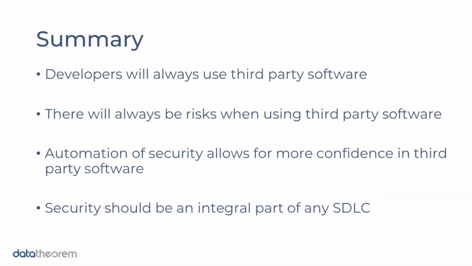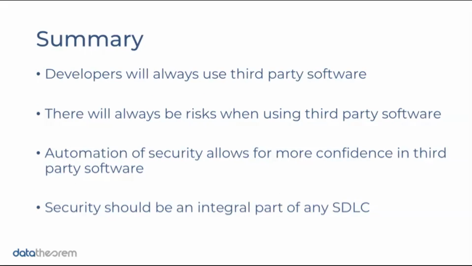So let's summarize what we just discussed today. Pretty much every developer or team uses third-party open source or SDKs in one way or another. There's no question of that, and that is not going to change. It speeds up development, it reduces costs, and avoids reinventing the wheel.